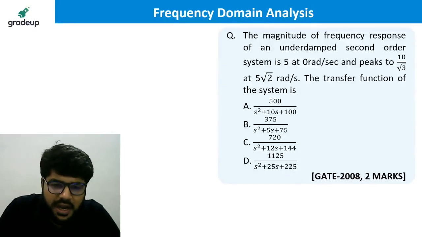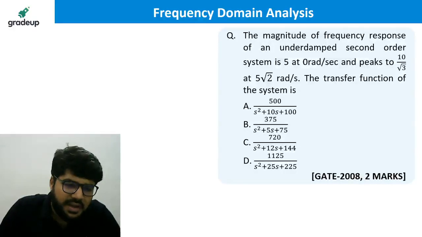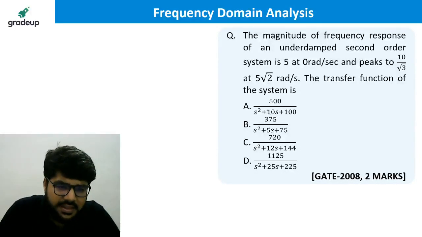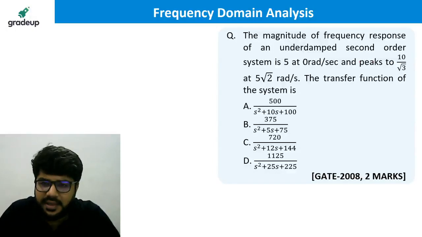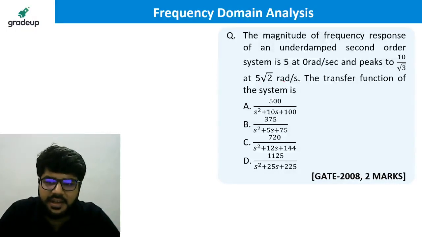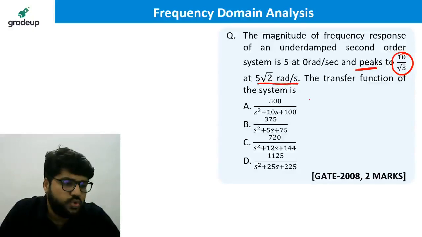Okay. Before you start applying the formula and calculating, I shall tell you one thing so that you don't get confused. The magnitude of the frequency response peaks to 10 by root 3 at 5 root 2 radian per second.